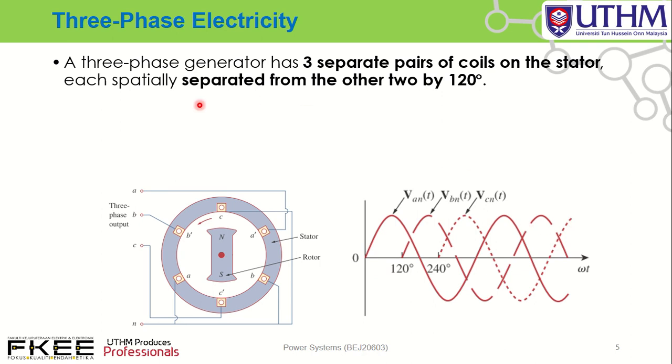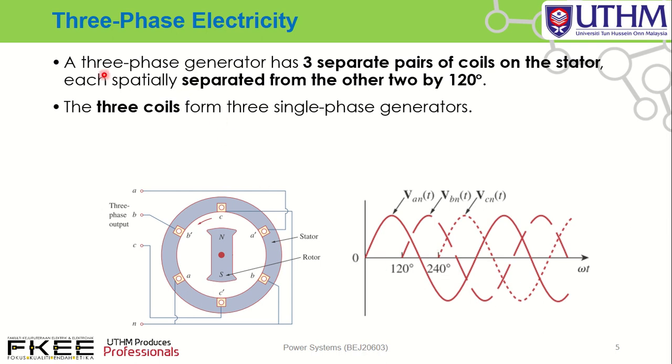What is the meaning of being separated by 120 degrees? It means that voltage VAN is separated from VBN by 120, and VBN is separated from VCN by 120. Which means VAN is separated from VCN by 240 degrees.